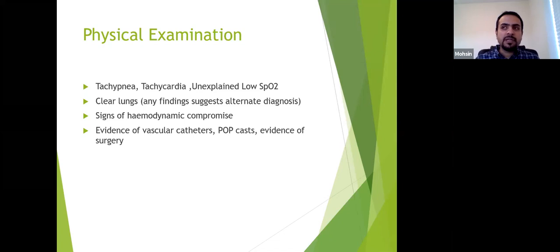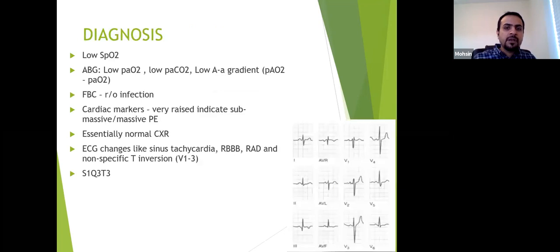And it probably is a sick patient at high risk of death at that time. On examination, you can have other risk factors evident. For example, you can see a vascular catheter or a plaster of Paris cast, any evidence of major recent surgery that might indicate that the patient might be at risk for having a PE.